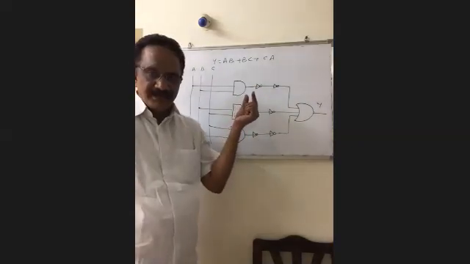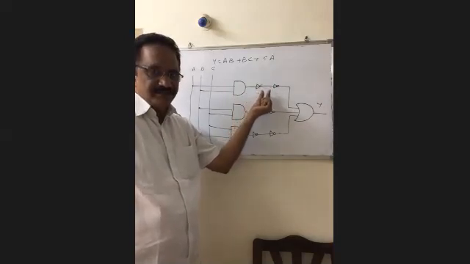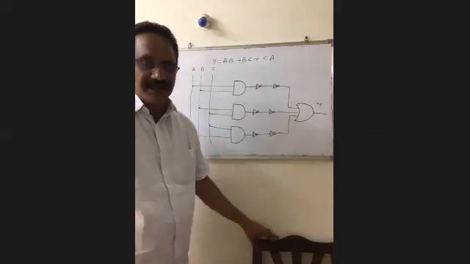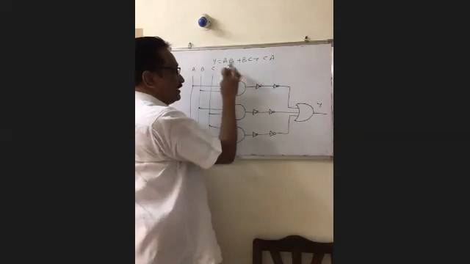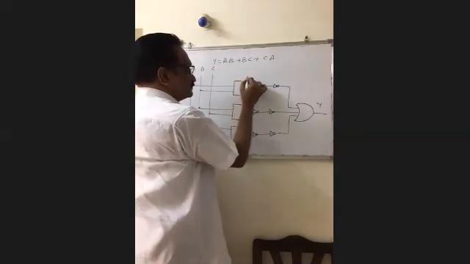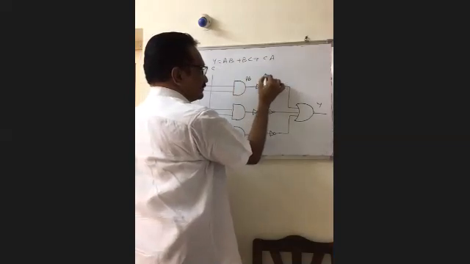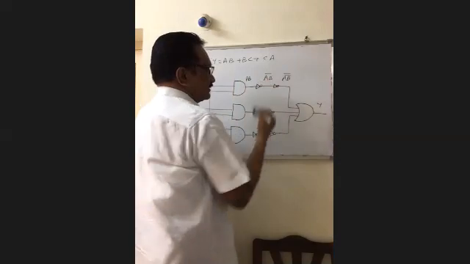If we connect 2 NOT gates in this line, there is no change in the realization. Actually, the output of this AND gate is AB. Output of this NOT gate is AB bar. Output of this NOT gate is AB bar bar.